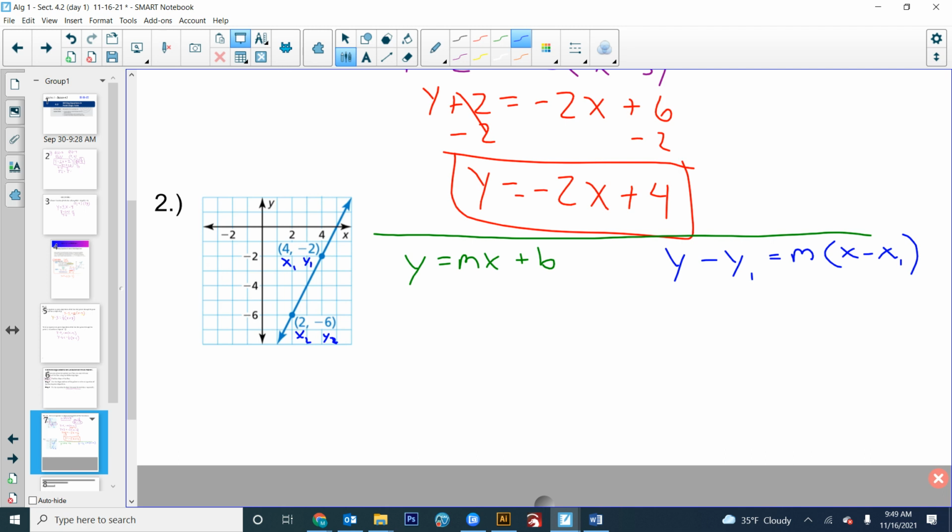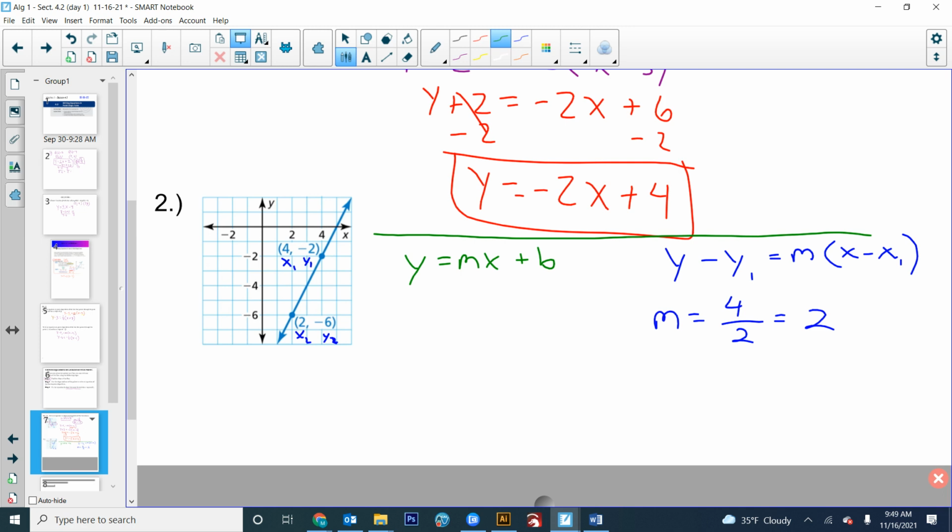So let's find the slope. You can either count or you can use the formula. Go up 1, 2, 3, 4. Up 4. Right 2. Mary, what's 4 over 2? 2. There's our slope.